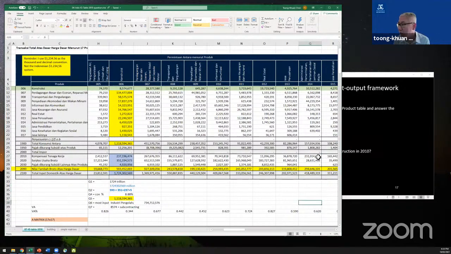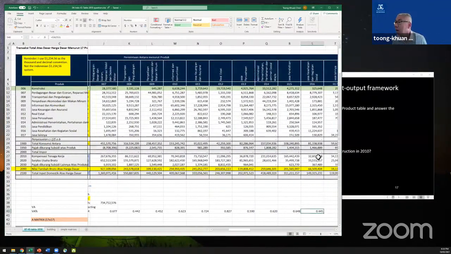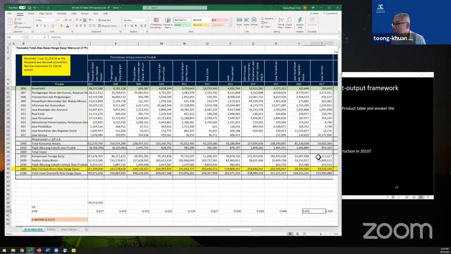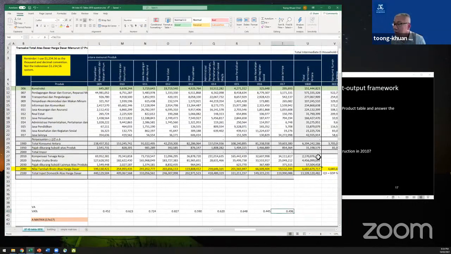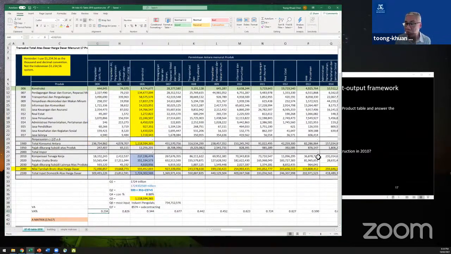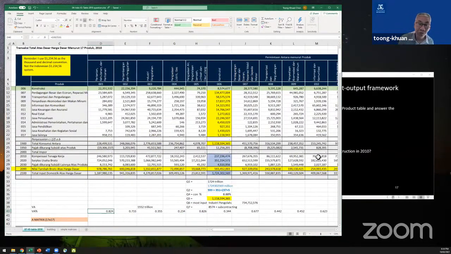So labor cost is very high. Pendidikan, education, again is very high. All those which are labor intensive tend to be very high, which also correlates to your agriculture, 0.824. So agriculture actually gives you the highest value add, but we'll talk about agriculture later on.